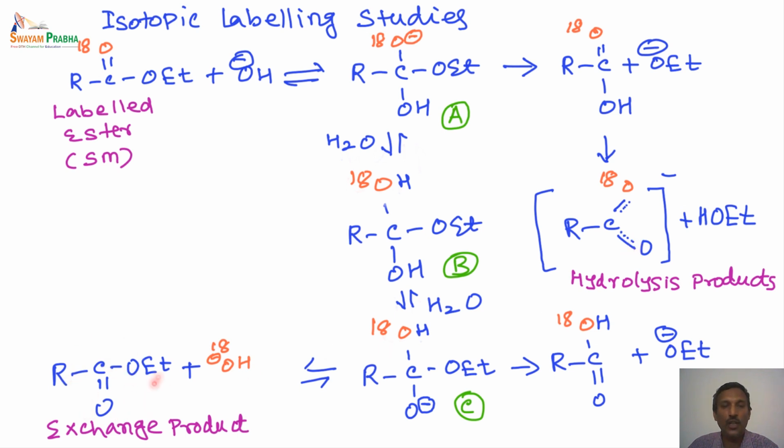But this exchange product is the one which clearly shows that the acyl oxygen bond has to cleave, then only we end up with this exchanged product. So this is another way of confirming. The isotopic labeling studies also prove that the acyl oxygen bond is cleaved in this particular reaction.